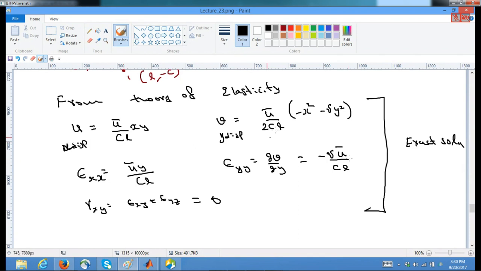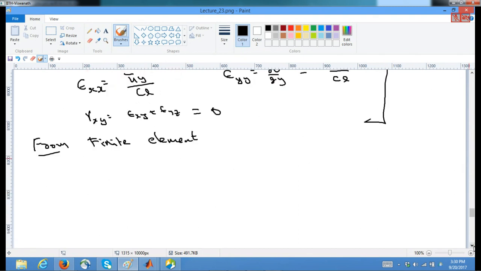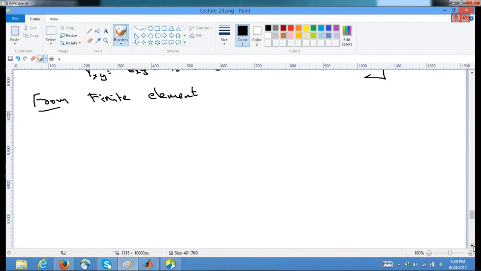the displacement. We know that in finite element the displacements are exact at the nodes. So I can say that my u1, v1, that is the displacement at node 1, if I substitute this, I can directly get the exact solution.